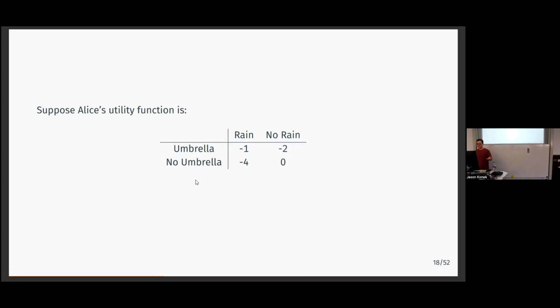If you bring an umbrella and it doesn't rain, then you're worse off. You have to lug the umbrella around and all that. Tell whatever story you like. If you have no umbrella and it does rain, that's really bad. And no umbrella and it doesn't rain, that's great.